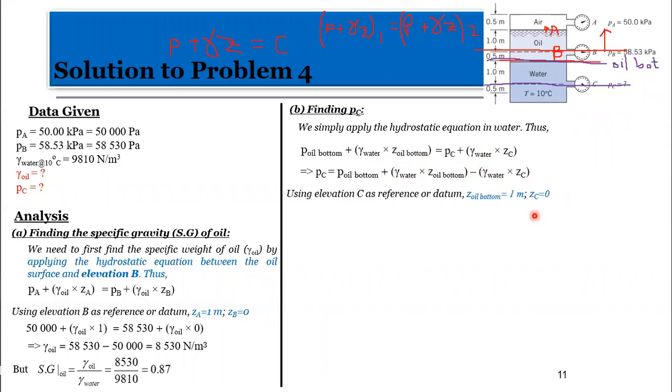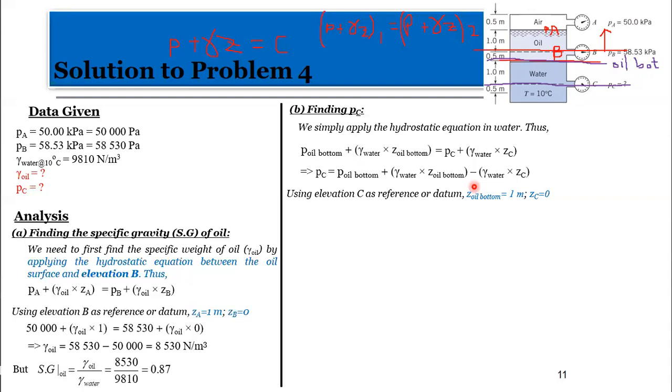So now if we use elevation C as a reference, that means Z of oil bottom is simply from here to here, which is 1. And then ZC is 0. So that one is established. Please, it's as simple as that.